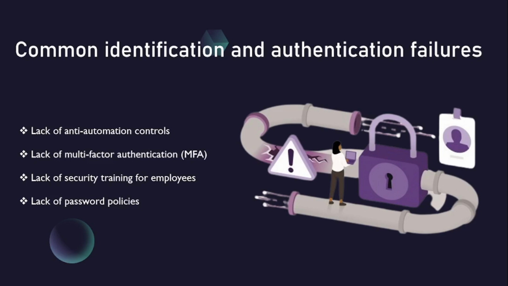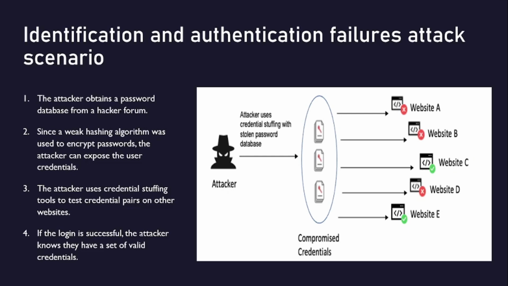Now that we have discussed the common reasons for identification and authentication failures, let's explore the identification and authentication failures attack scenario. In the following scenario, an attacker performs a credential stuffing attack against an application that does not implement automated threat protection techniques.